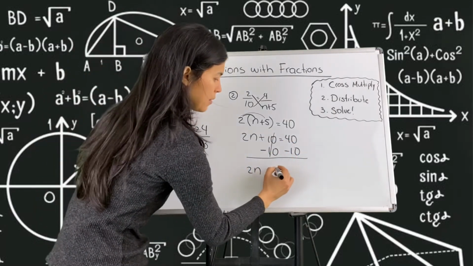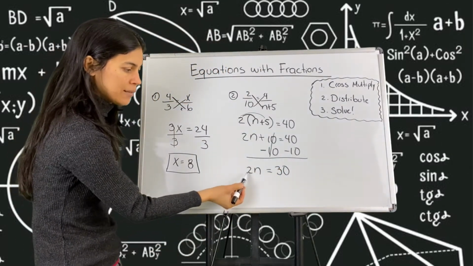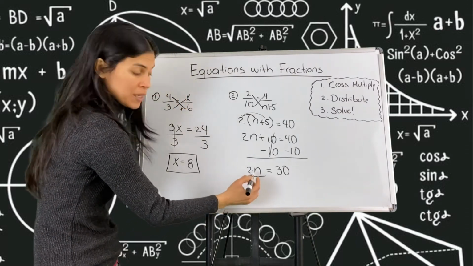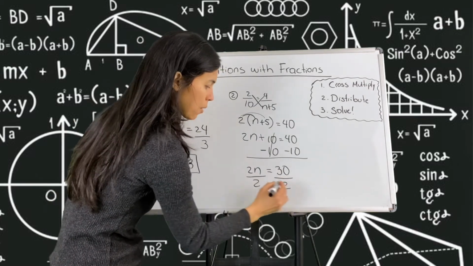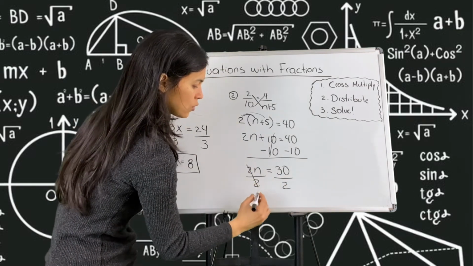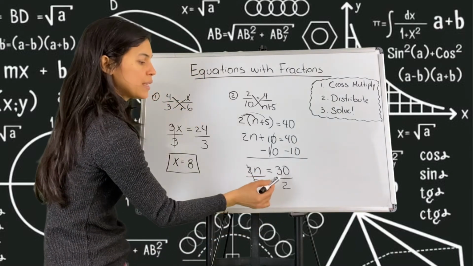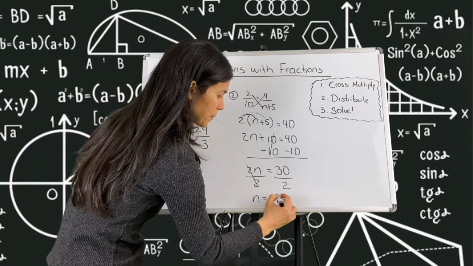And that is 30. To have the n by itself, I still have the 2. I need to undo the 2. What undoes multiplication is division. So let's divide by 2 both sides. This undoes this 2, and I am left with the n, which is equal to 30 divided by 2. And that is 15.